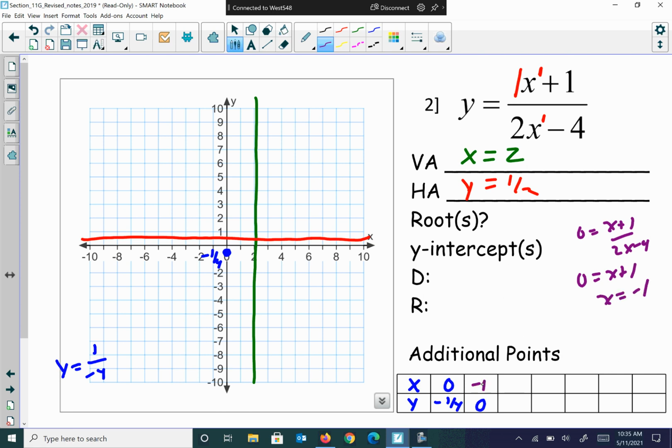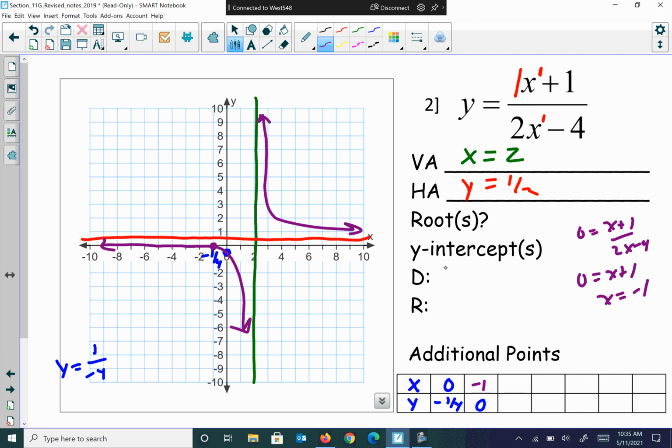So negative 1 comma 0, which is right here. So I only found some points on one side, but this tells me that this branch looks like this. And this branch over here kind of looks like this. You just try and make them look similar. Again, I didn't plug any points on this. I just kind of know that it shoots up and down the asymptotes.